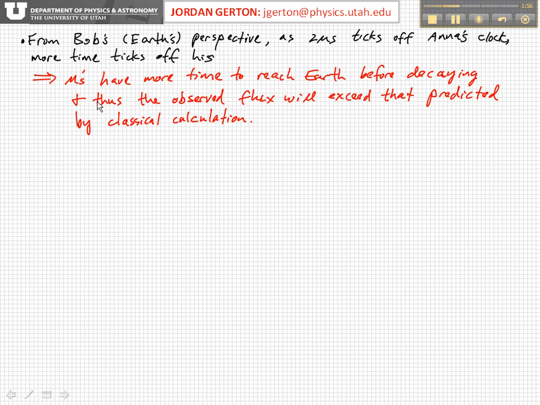They have extra time to reach the Earth before they decay. Effectively their lifetime seems to be longer from the perspective of the Earth than in their own rest frame, and thus they will be able to travel further, and the observed flux at the surface of the Earth will exceed the flux that was predicted by the classical calculation, which didn't take into account time dilation.